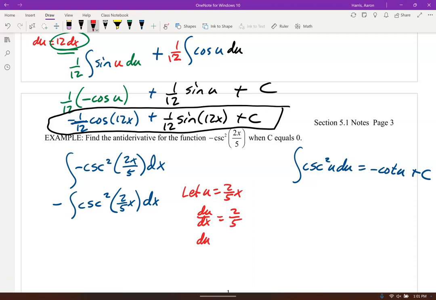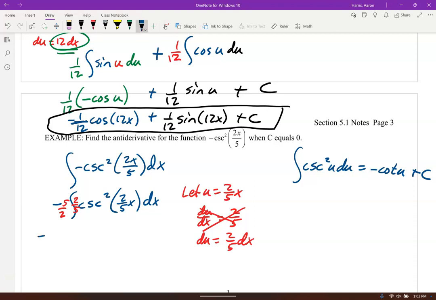In other words, du, take the dx to the other side, is 2/5 dx. Well, I have the dx. I'm missing the 2/5 part again. So I give it a 2/5. Now I have 2/5 dx. Offset it with 5/2 out front, right? Multiply by the reciprocal, because 2/5 times 5/2 is just 1. I'm just multiplying this thing by 1.